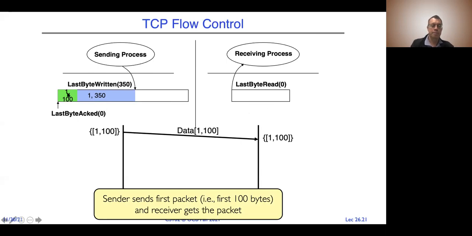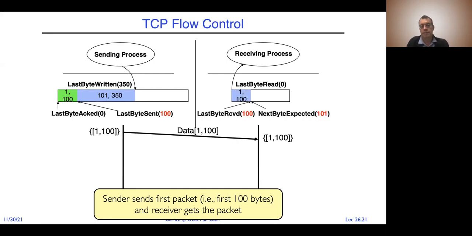With green, I show the packets which are sent without being acknowledged. Here I'm saying 1 to 100 between these square brackets is the bytes which are being sent. I am starting from 1. Initially the last byte ACK is 0. Nothing was ACKed. The last byte sent is 100 because I sent 100 bytes.